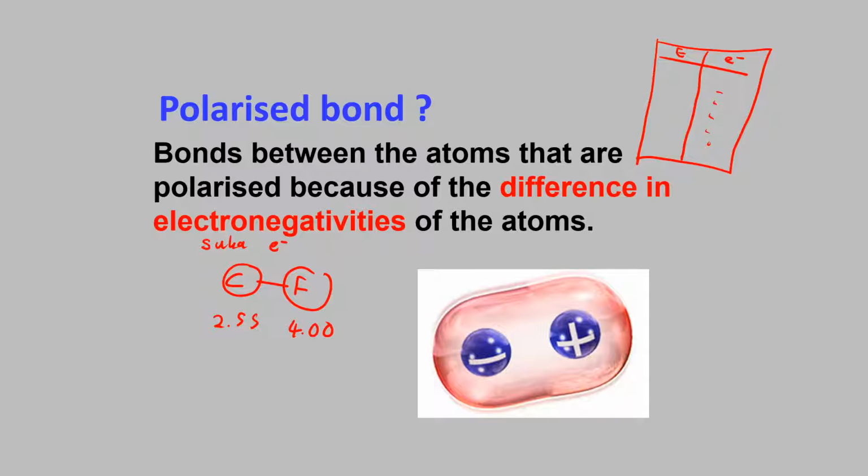So in this bond, for example the C-F bond, they are a covalent bond, right? They share electrons. There is one electron here, one electron here. They share. But since fluorine likes electrons so much, actually the cloud of electrons forms like this, where most of the electrons move towards fluorine. Okay, so that's why it is called a polarized bond.